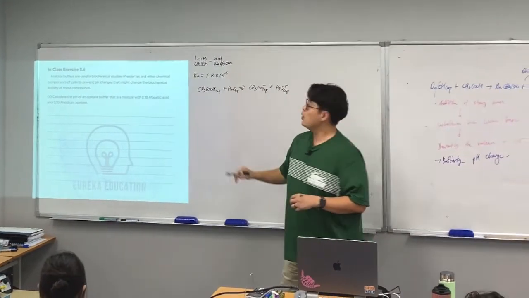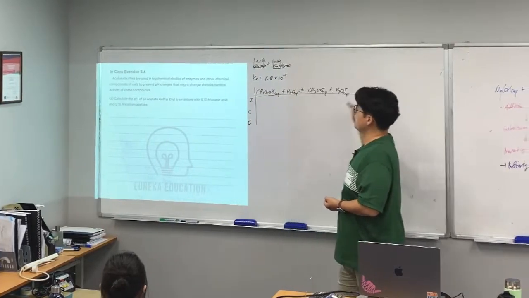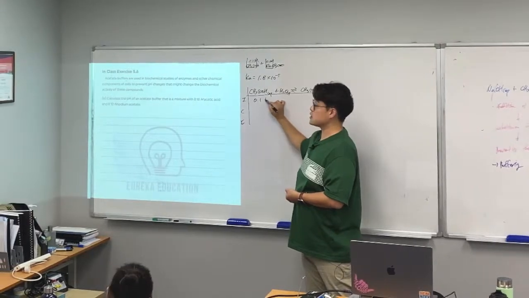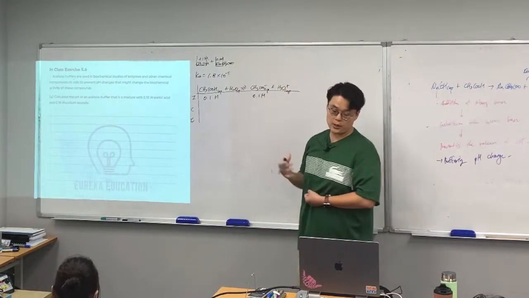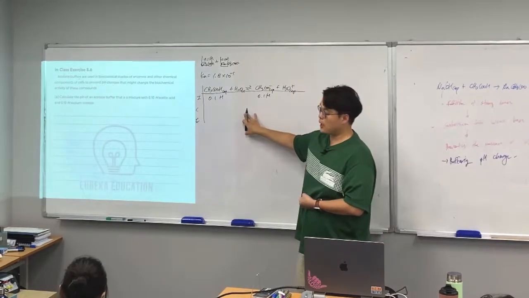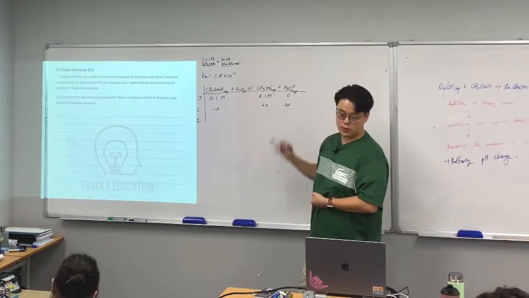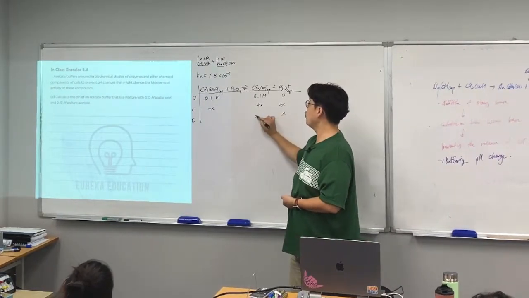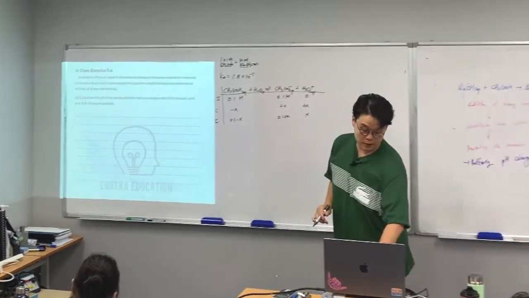We're going to construct the ICE table. Initially you're given 0.1 molar, because you prepared that. Initially you're also given 0.1 molar of acetate as well. As a result of this reaction, it goes minus x, plus x, and 0, plus x. So you always see the x, and 0.1 plus x, and 0.1 minus x there.